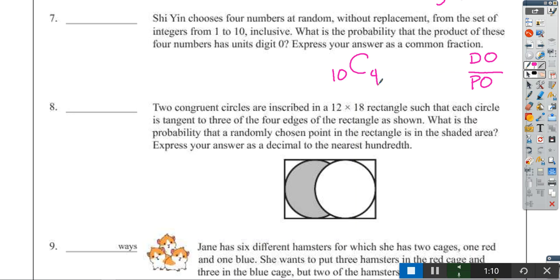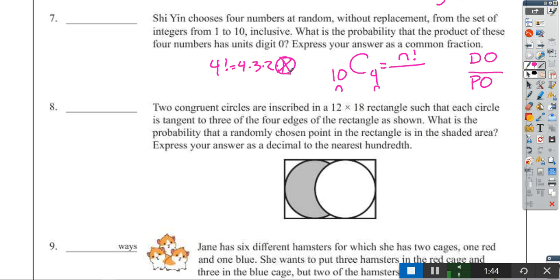Now, if I have 10 numbers and I'm choosing 4, there's an equation that goes along with this. I'm going to call this value n, and I'm going to call this value r. So n factorial divided by, I'll get to it in a second. A factorial is the factors multiplied together, all of the numbers less than it. So 4 factorial is equal to 4 times 3 times 2 times 1, but who cares about the 1, all right?